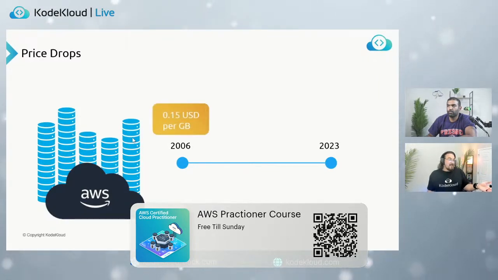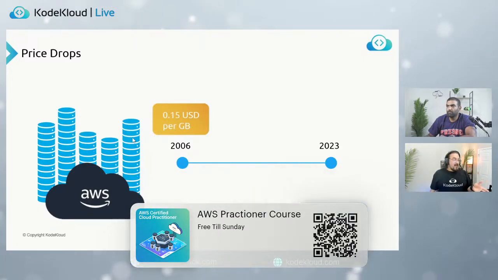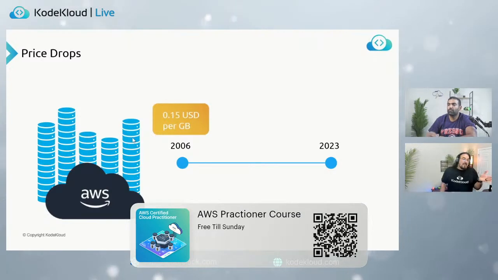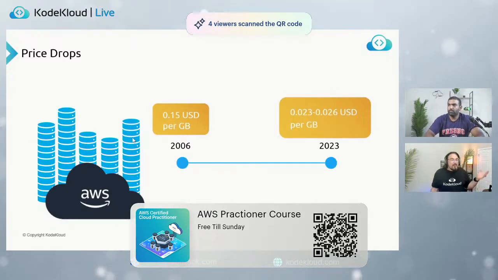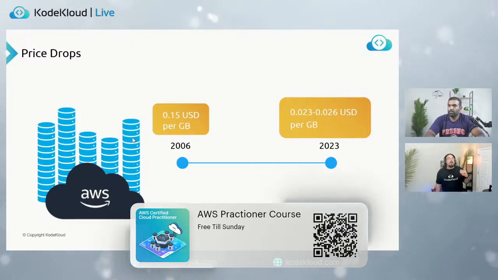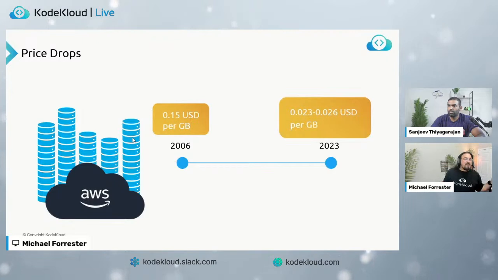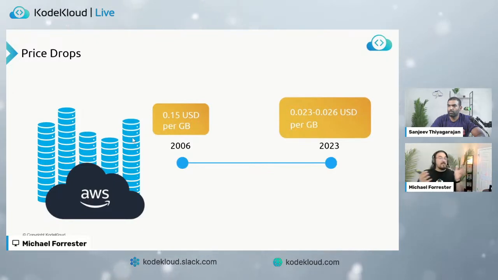So here in 2006, it was 15 cents of a US dollar per gigabyte, basically, to get access to S3 storage. And now it's less than 3% of a dollar to get access to a gigabyte of storage, right? And so we talk about things like that, not because you need to rattle off the numbers, but just so that you can know that there are these economies of scale that happen with AWS.